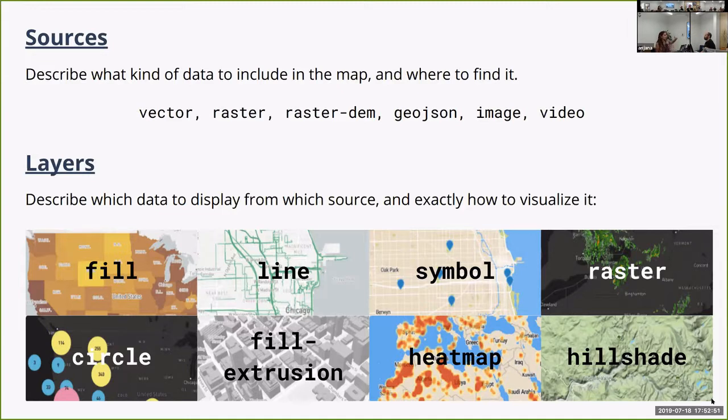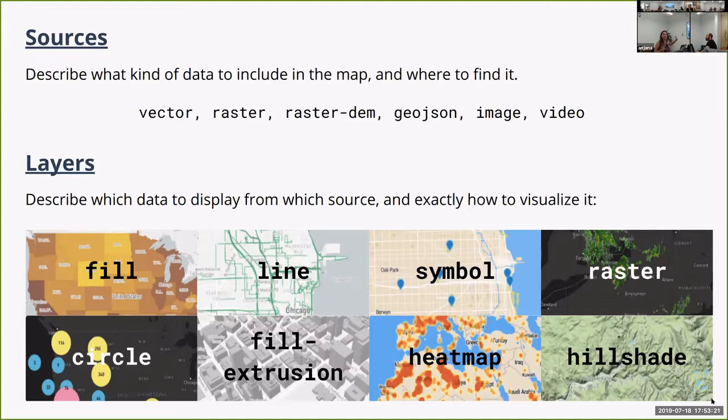And then once you've got those sources defined, you would also define the complement to that, which is which layers you want to display on the map. This is essentially saying, okay, from those sources that I specified, this is which data to display and how. That allows you to define your map in terms of different layers, which can take different types of shapes. So you can have layers that are more oriented towards filling in regions on the map.